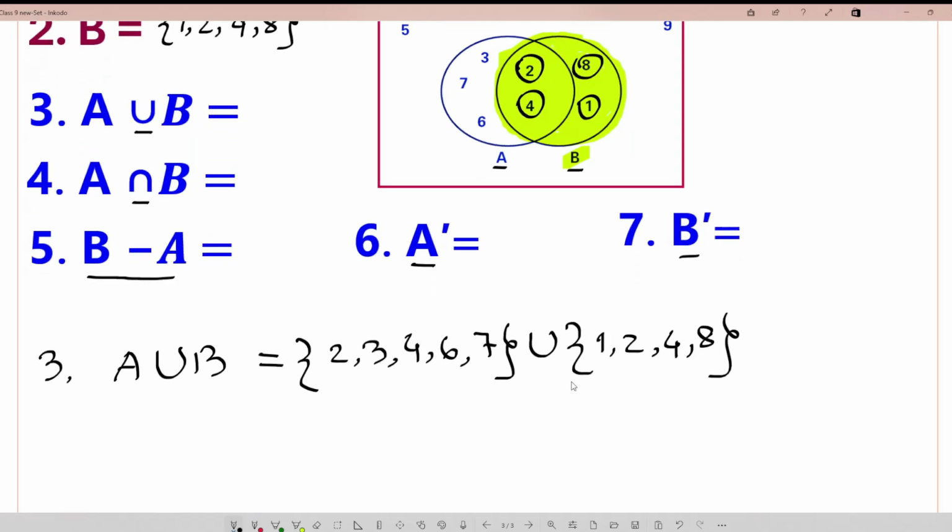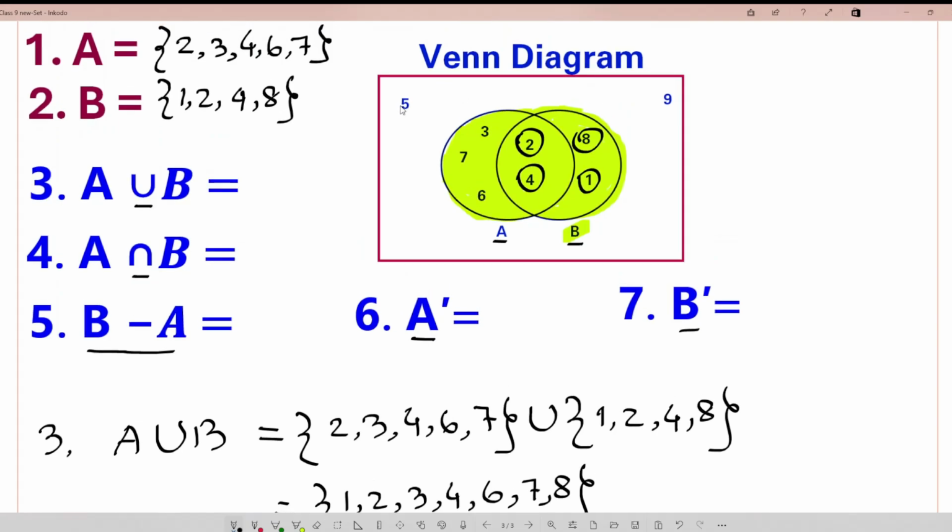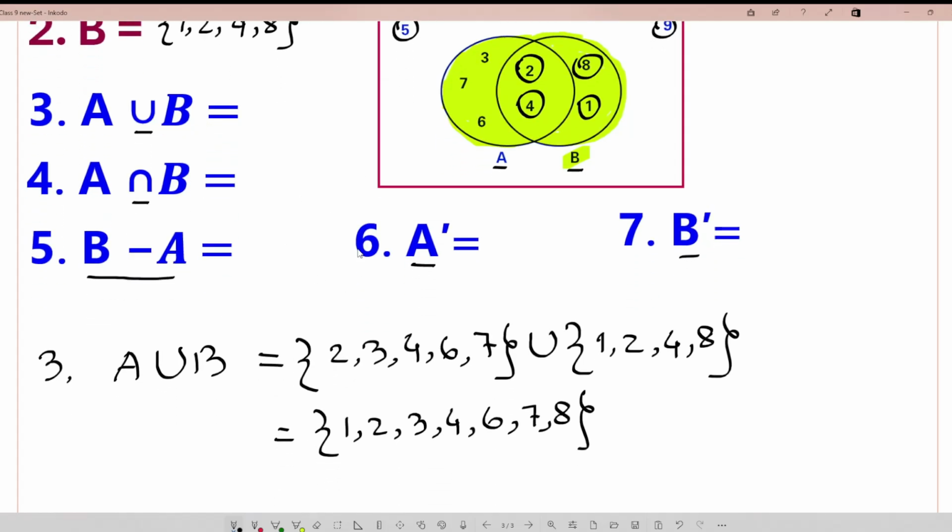So in this diagram we will take everything in the circles, all numbers belonging to A union B. So we can write 1, 2, 3, 4, 6, 7, 8. One important thing, don't take numbers 5 and 9 because these are outside the circles. So A union B, we already get the answer.